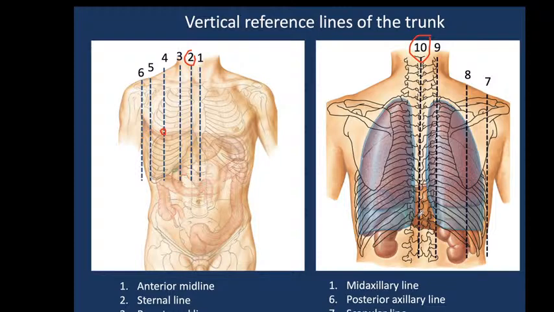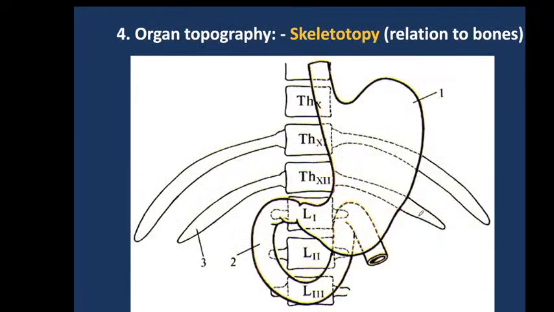Please remember all of these vertical reference lines, and I hope they will be very useful for clinical disciplines. The next topography section is skeletotopy. What does it mean? Skeletotopy is the relation of an organ to bones.